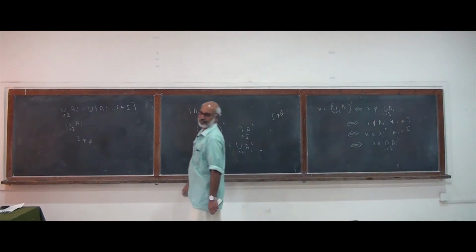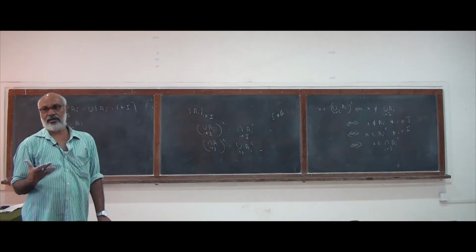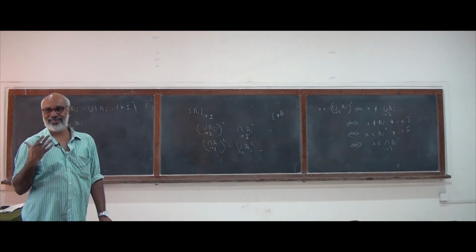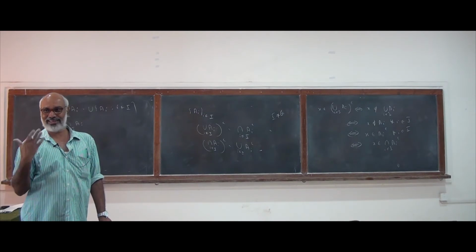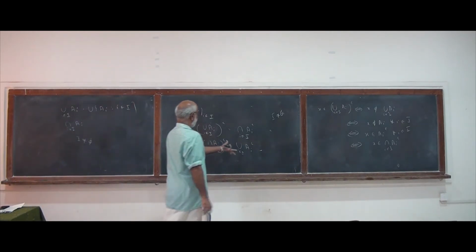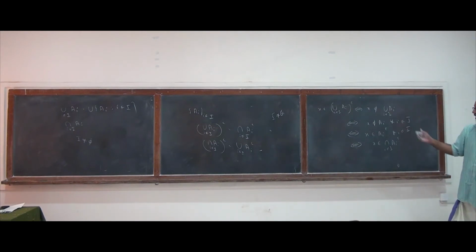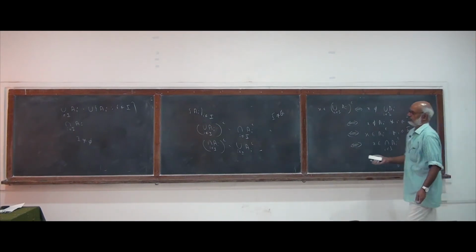Similarly, you can prove the other. So the De Morgan law is true whether your collection of sets contains 2 elements, 3 elements, a finite number of elements, a countable number of elements, or even uncountably many. So this arbitrary result can be written in this way using an arbitrary indexing set I.